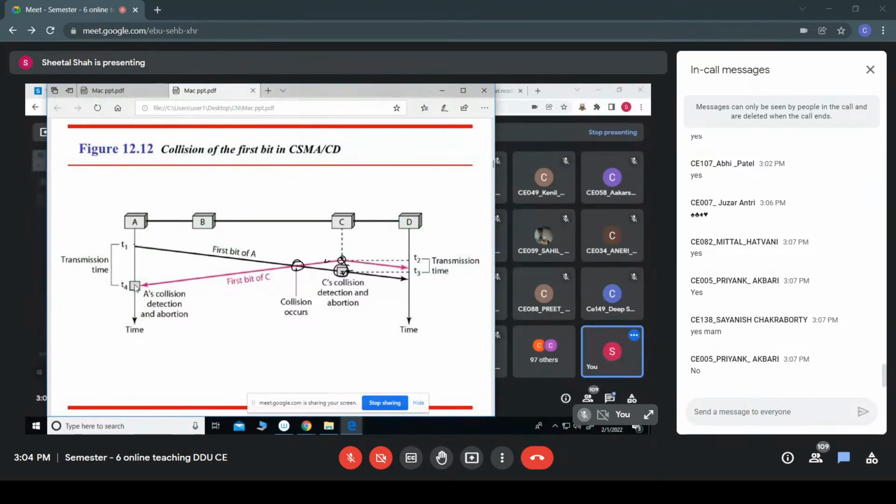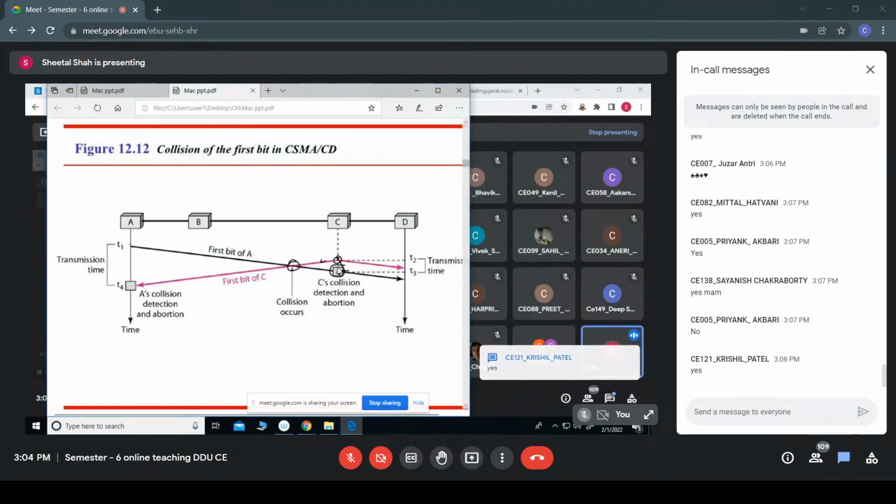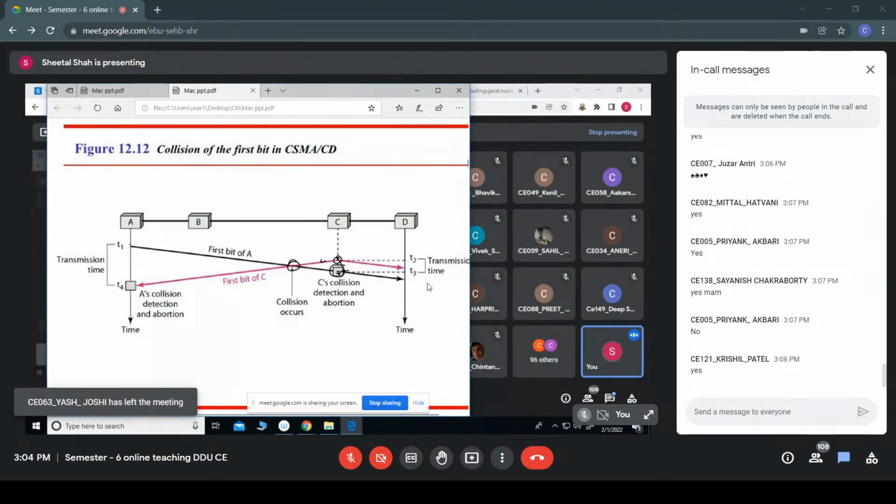Are you getting this? A has detected the collision at T4, isn't it? Similarly, C has detected the collision at this instant, that is at T3.